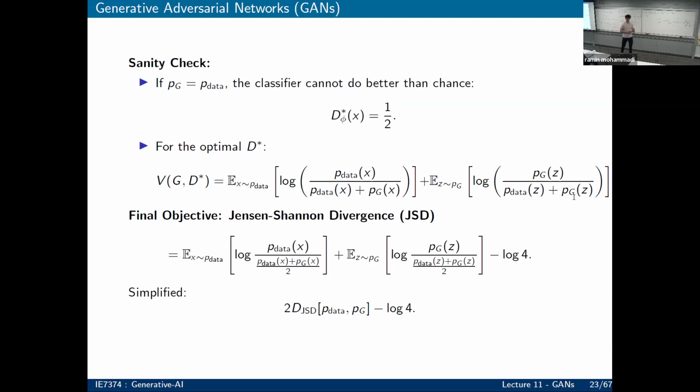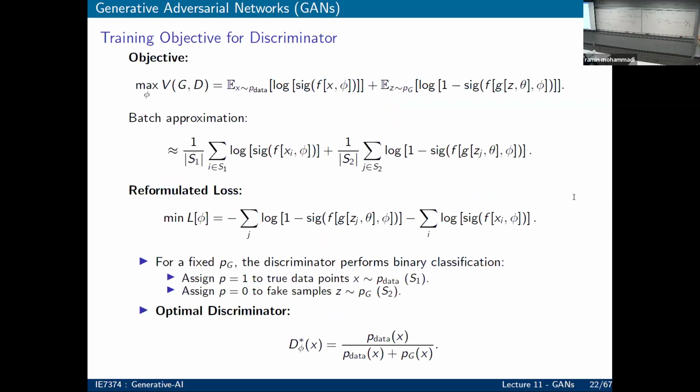Yes. In that, when you replace this new thing into the original equation, shouldn't the second term have log of 1 minus that term? No, that's the discriminator. 1 minus is the discriminator. Think about the discriminator in a binary classification: for class 1, this is the discriminator. For class 0 it is 1 minus that.